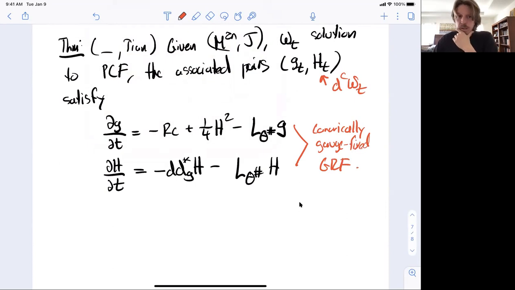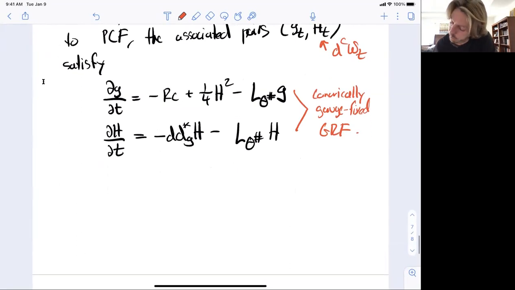So in general, as we discussed, you can take any solution to generalized Ricci flow. Of course, you can pull it back by some time-dependent family of diffeomorphisms and get a gauge equivalent flow. But somehow the pluriclosed flow comes to us in the form of generalized Ricci flow, but gauge fixed by this Lie form. Okay. And this is a key feature. Okay.